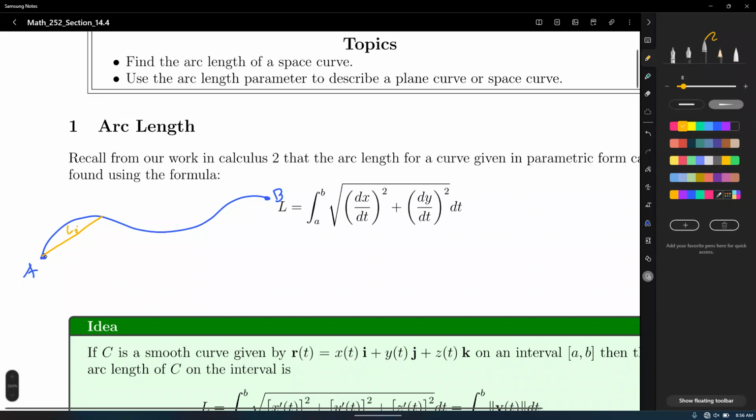This distance right here generates a right triangle, if you will. That is because to go from this point A to this point, say x sub i, y sub i, it takes some displacement, delta x sub i, delta y sub i.